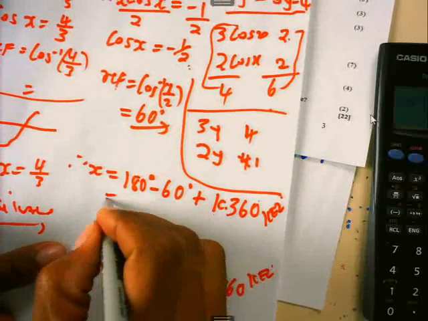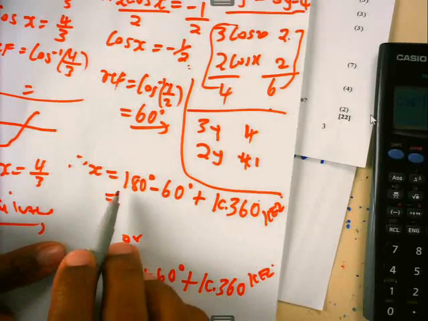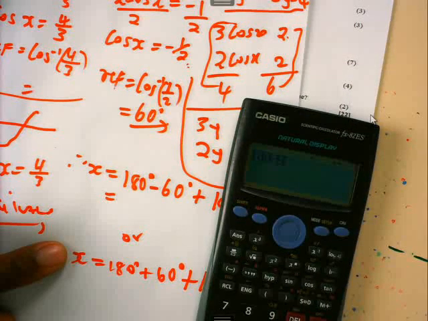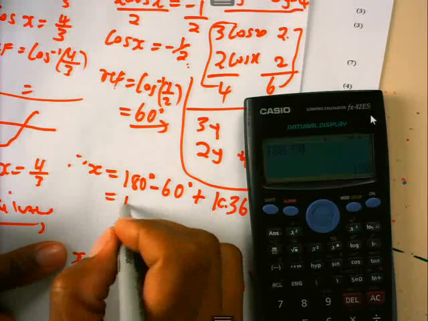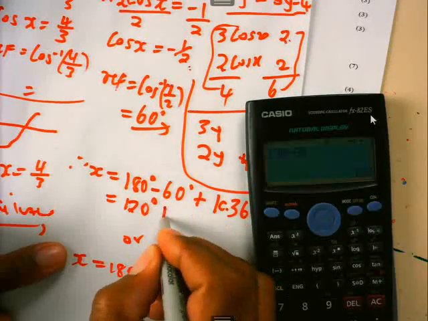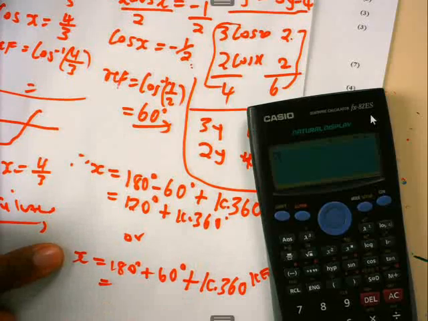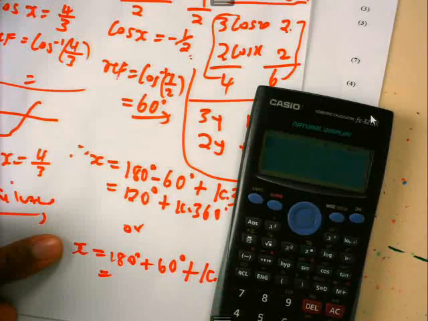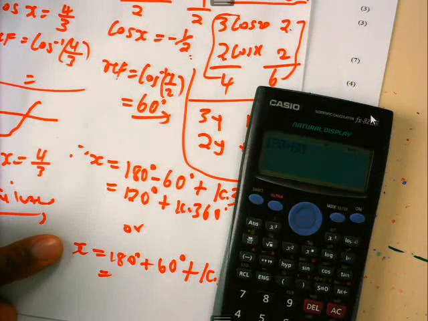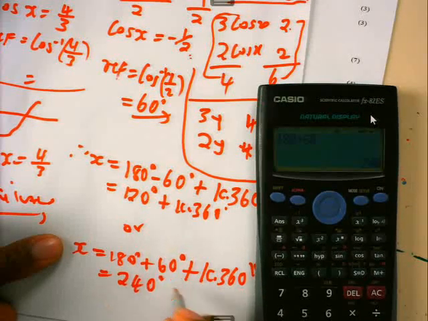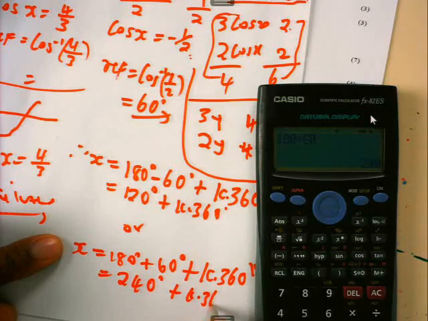Now we can solve this one. What is 180 degrees minus 60? The answer is 120 degrees plus k times 360. And the second one, 180 degrees plus 60 degrees, is 240 degrees plus k times 360 degrees.